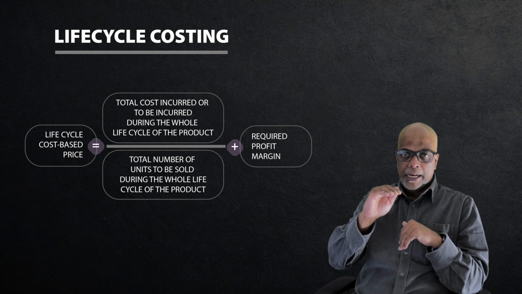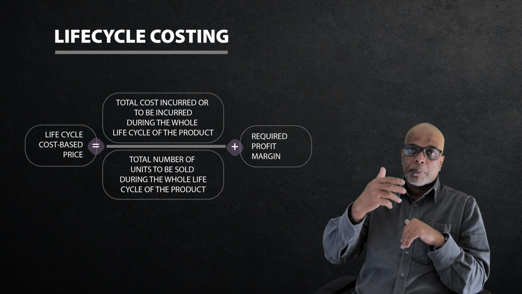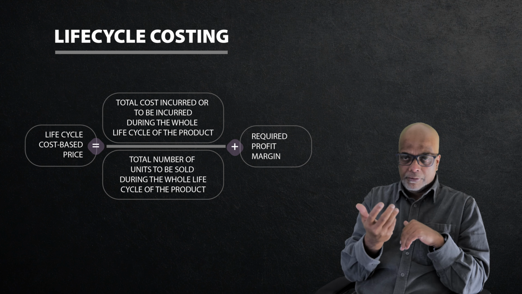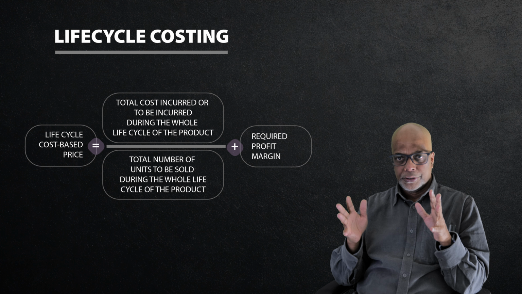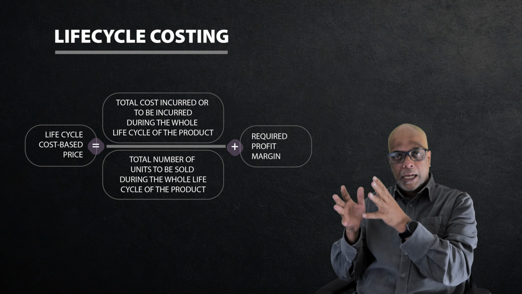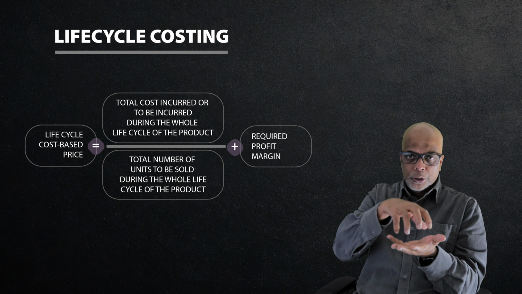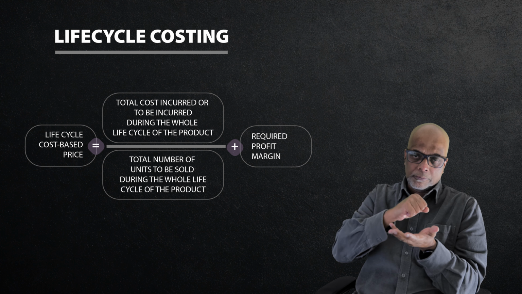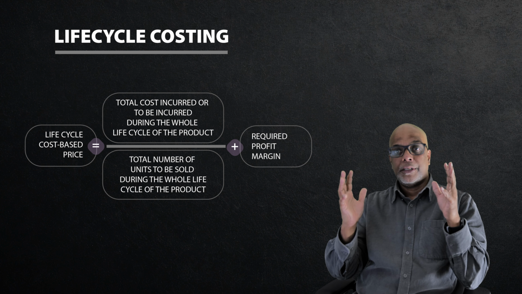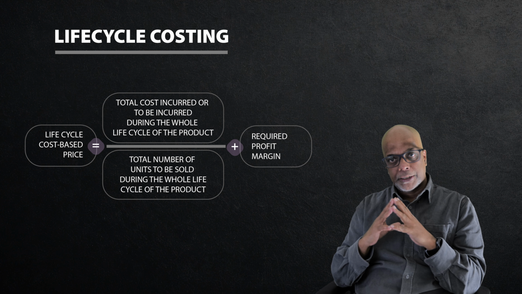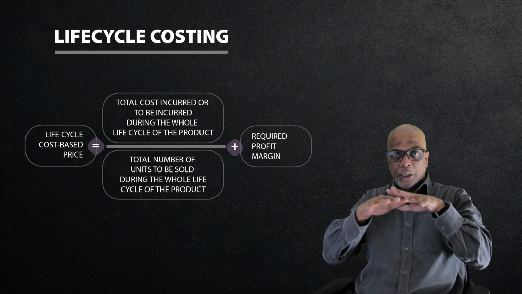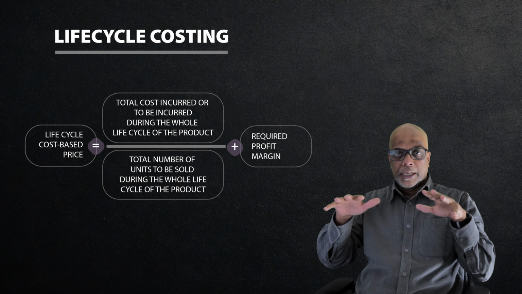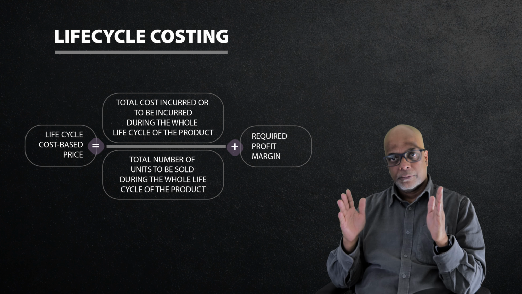So once you get that, following the cost plus approach, then we can add our desired profit margin. And when we have the desired profit margin added to the average life cycle cost of the product, then that will be the price, the average price that we have to recover during the life cycle of the product.